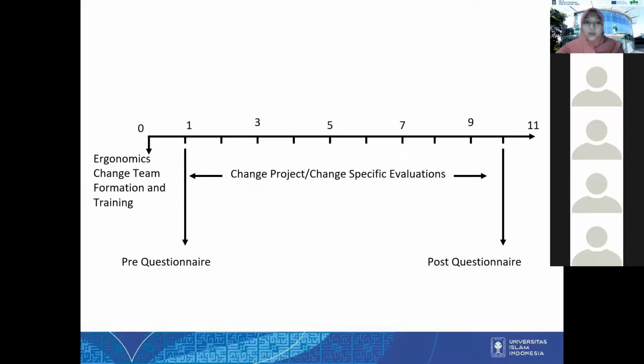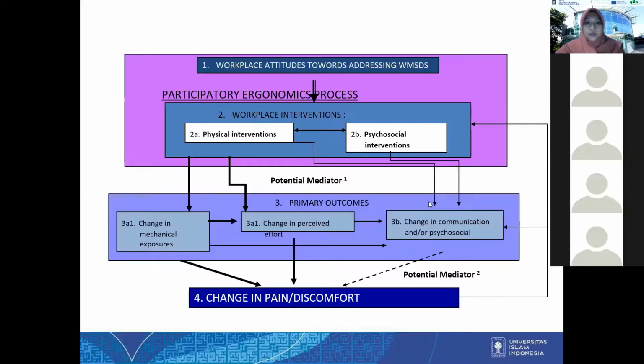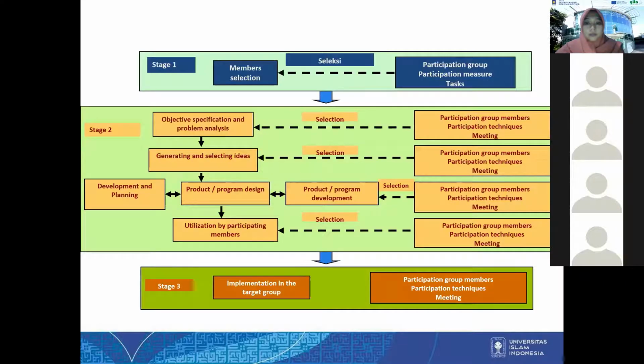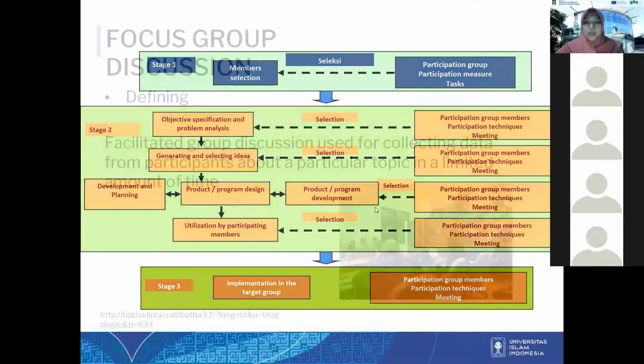Is it better or not? Yes, in participatory ergonomics, we also need to select the participants, such as whether they fit the user persona or not. This is the selection process in participatory ergonomics.